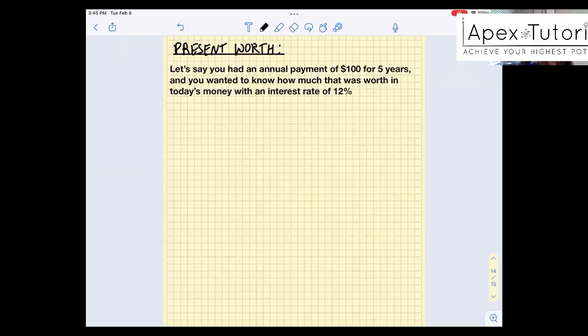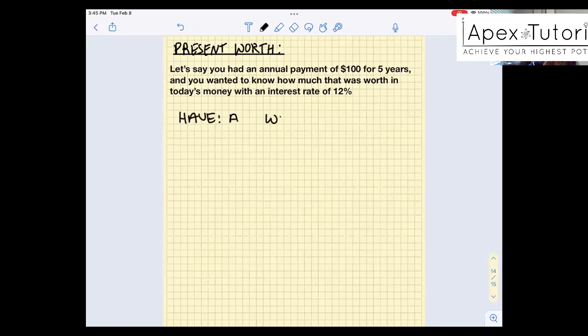P would be a singular payment. Oh, that's right. What letter would it be? A. Yes, Steven wrote A for annuity in the chat. Okay, so we have an A, so that's good.